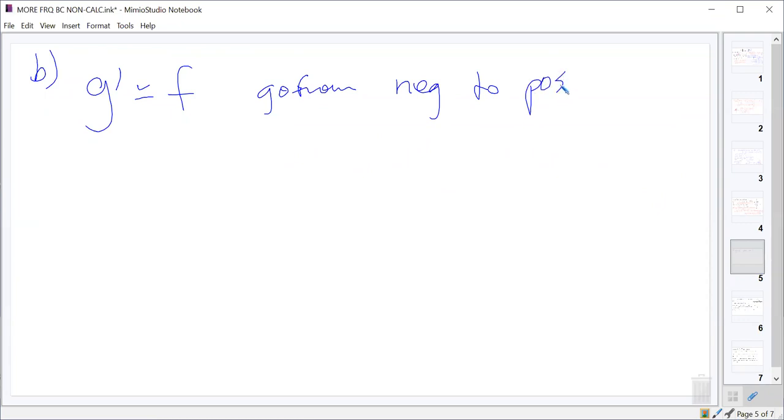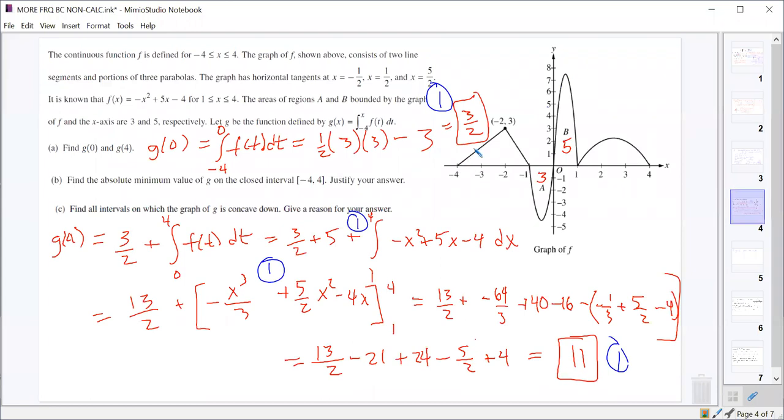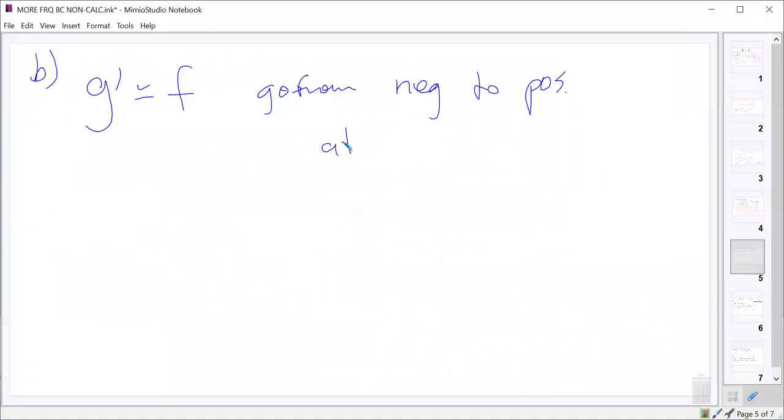Well, let's see, here's our derivative. It's positive, it's positive. It goes from positive to negative. There's a local max. Then it goes from negative to positive at 0. And then it never does again. So 0. And then we also need to check our endpoints.